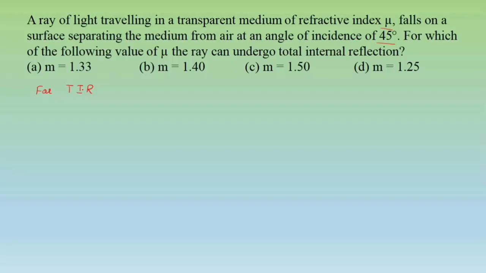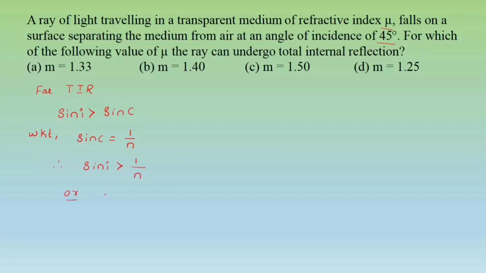So for TIR, sin I should be greater than sin C. But what is sin C? Sin C is equal to 1 divided by n, which gives the relation between critical angle and refractive index. So this can be written as sin I is greater than 1 divided by n.